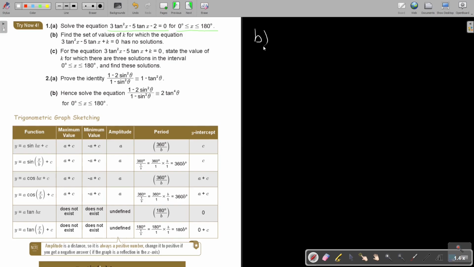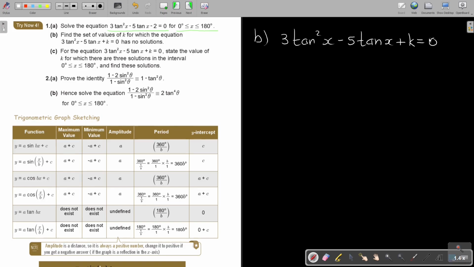Find the set of values of k for which this equation has no solutions. Okay, so it's back to chapter 1, nature of the roots. So if I take the equation 3 tan squared x, and remember, they like to interact with other chapters also, to cross to other chapters.